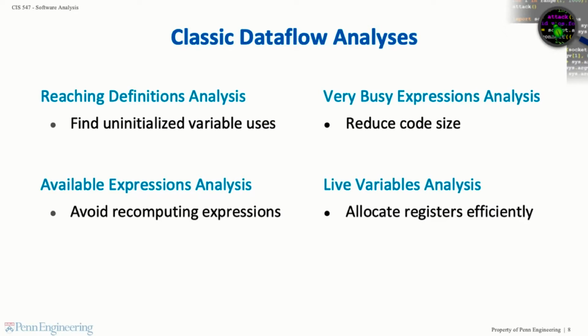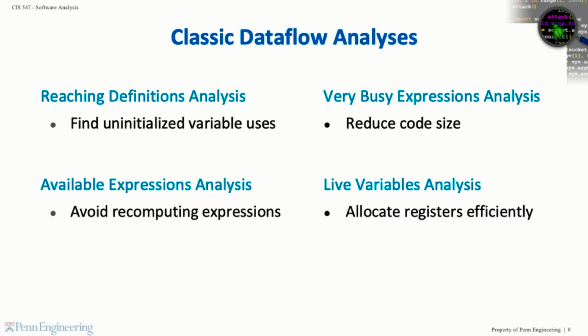Before we dive into the details of these 4 analyses, let's take a look at 4 practical applications that motivate them. Reaching definitions analysis produces information that can be used by a bug finding tool for discovering uses of potentially uninitialized variables in a program. Very busy expressions analysis computes information that can help reduce code size. This application can be critical to certain embedded devices that have code size constraints, such as pacemakers.